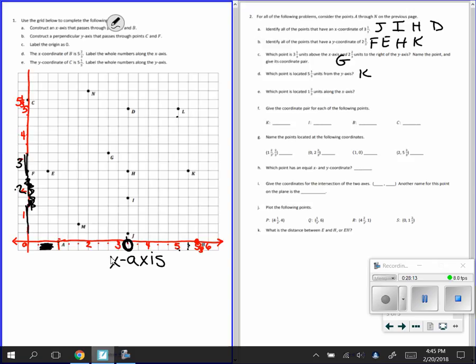Which point is located 1 2/3 along the x-axis? You need to pay attention to your vocabulary. Along the x-axis, 1 2/3.